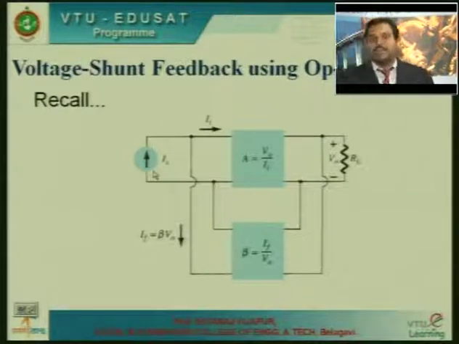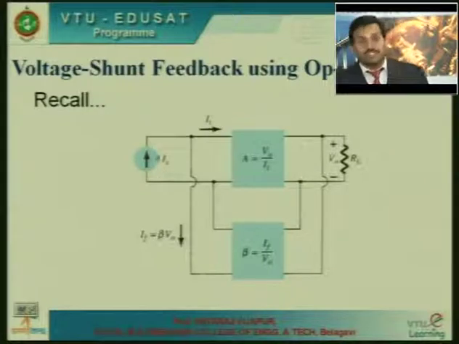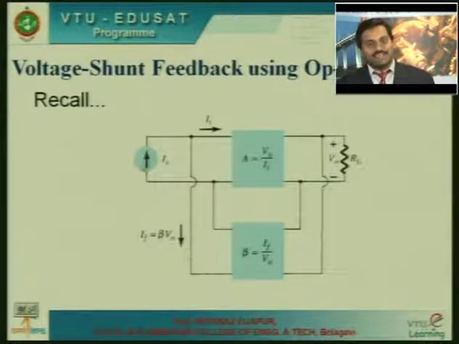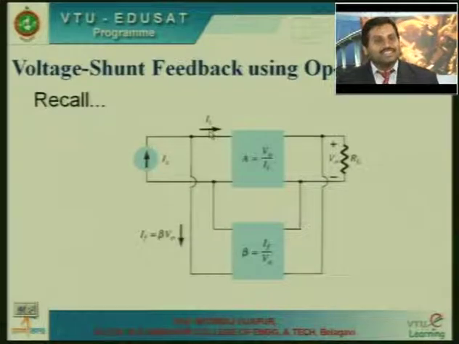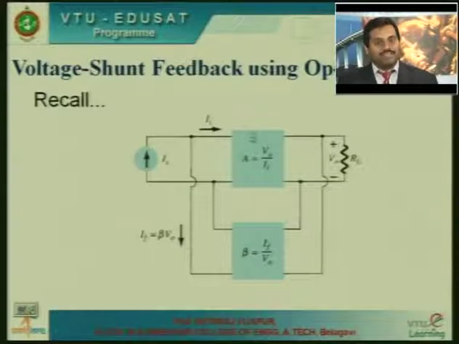Now here for voltage shunt feedback, when we are mixing the voltage in parallel, we are substituting the voltage source by a current source. So you have a current source IS here. The difference between this input current and the feedback current will give you the current II, which is given as an input to the amplifier.